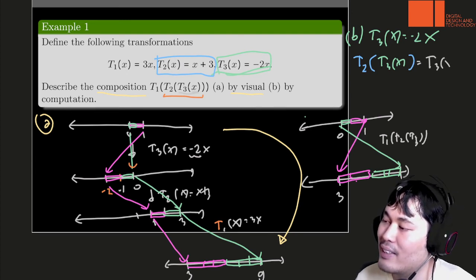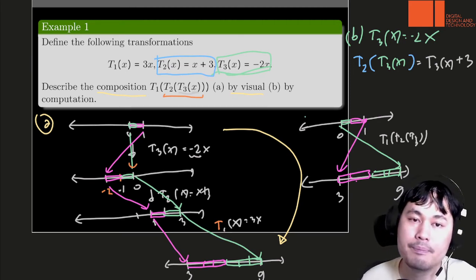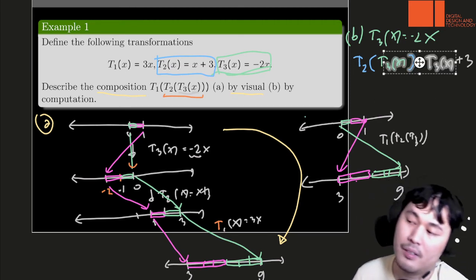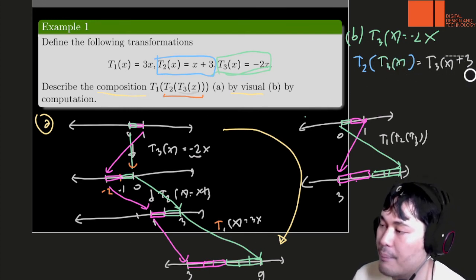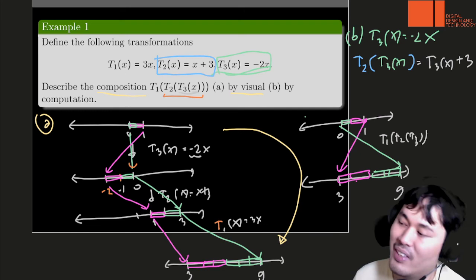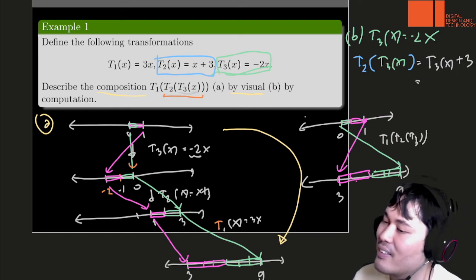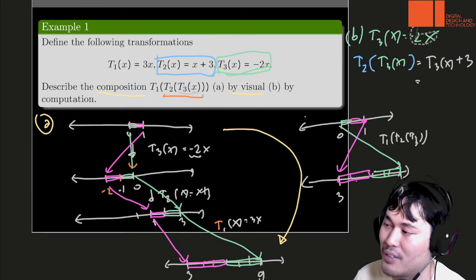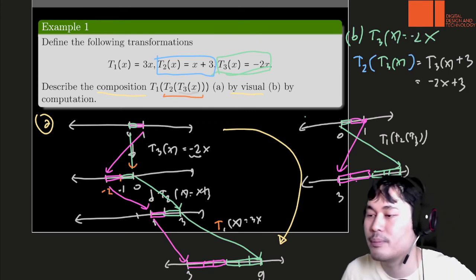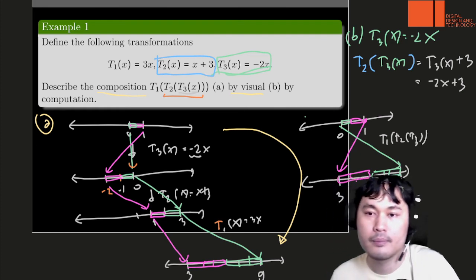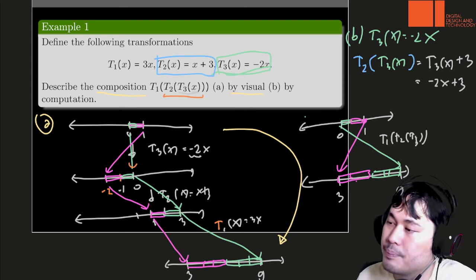So we write that number down, T3 of x, and then add it to 3. So this is the second step. Right, but again, you can see T3 of x plus 3 can be simplified, right? T3 of x is what we just saw above here, which is minus 2x. And then plus 3. Okay, so that's the nested part.